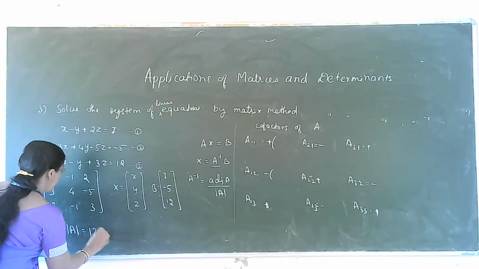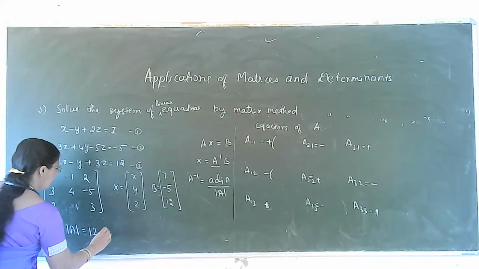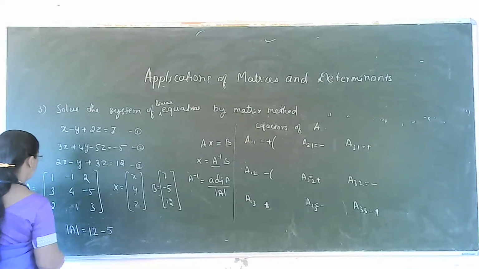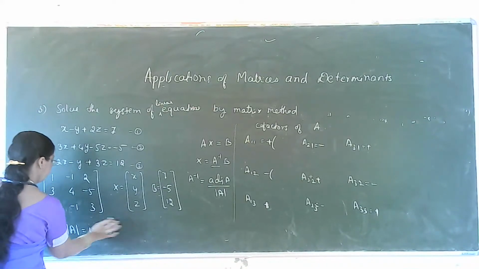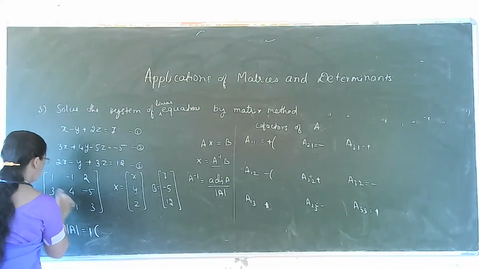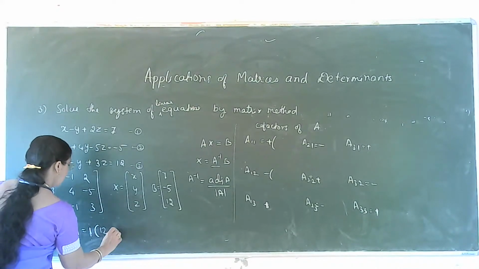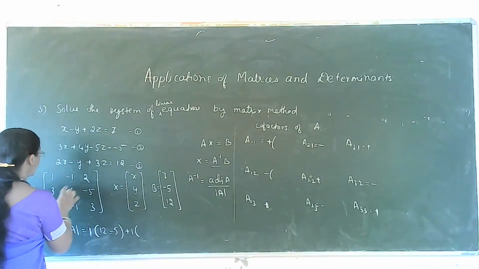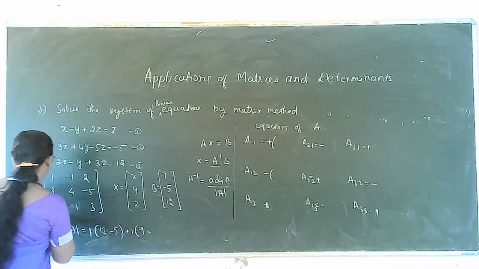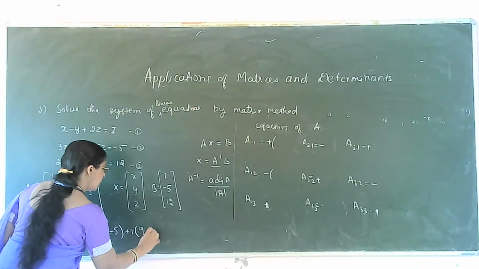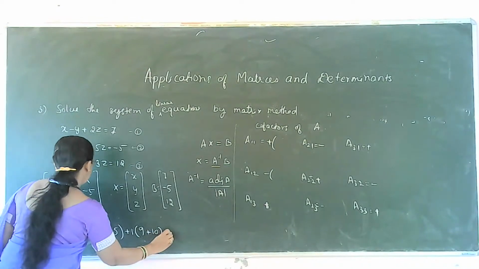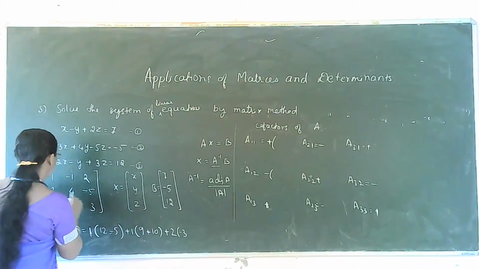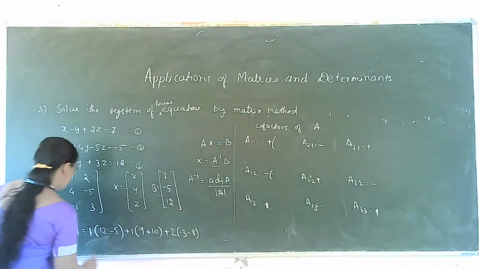A is equal to 1 into (12 minus 5), minus of minus 1 into (9 plus 10), plus 2 into (minus 3 minus 8).